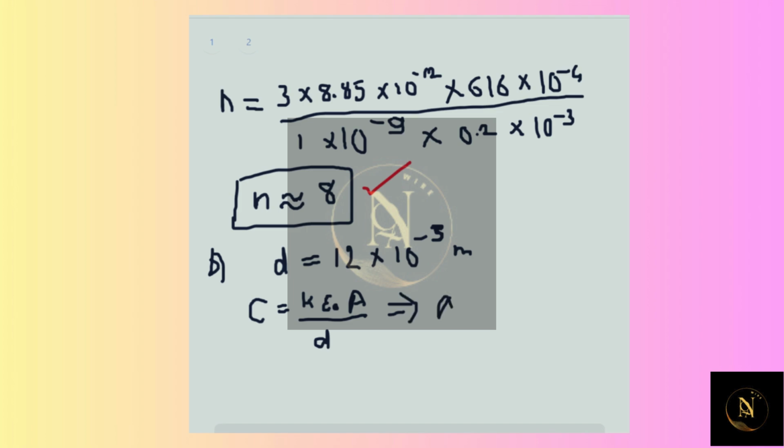So our area is going to be capacitance C times D divided by K epsilon naught. So this is the area which we need to calculate: capacitance times the distance between the plates divided by dielectric constant K times epsilon naught.